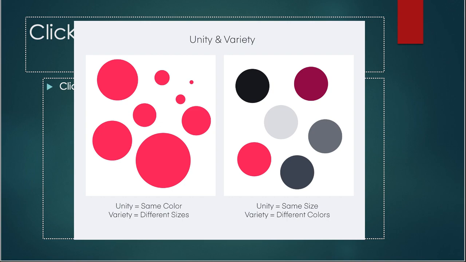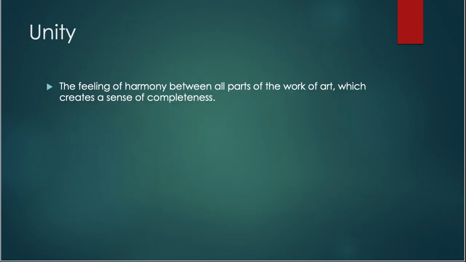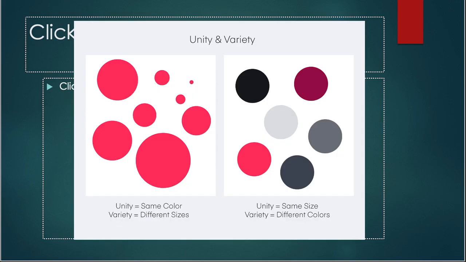Variety, we have different sizes, or we have different colors. And then when it comes to unity, it's a feeling of harmony between all the parts of the design, which creates a sense of completeness. And so once again, back to this photo, unity, same color, unity on the right, all the same sizes.